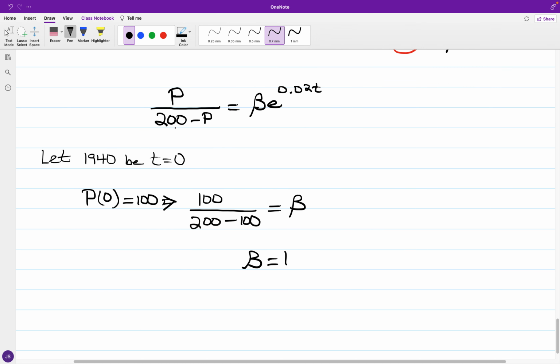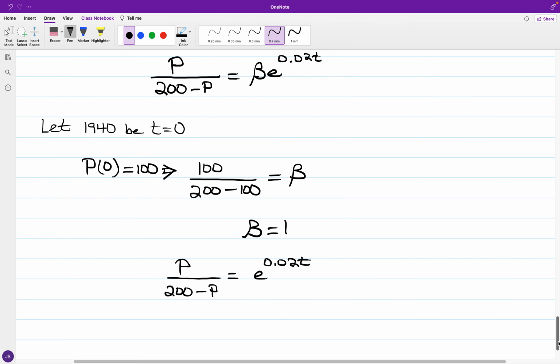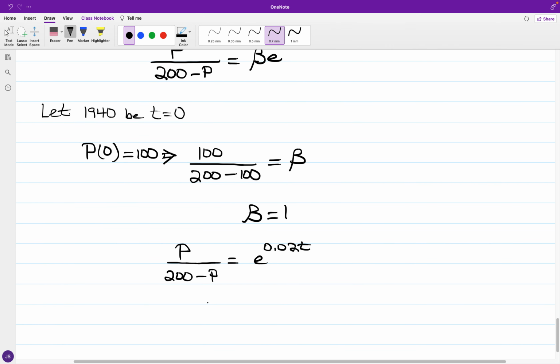And for what we have in the result, we're going to have that P all over 200 minus P, and with beta at 1, is e to the 0.02t.